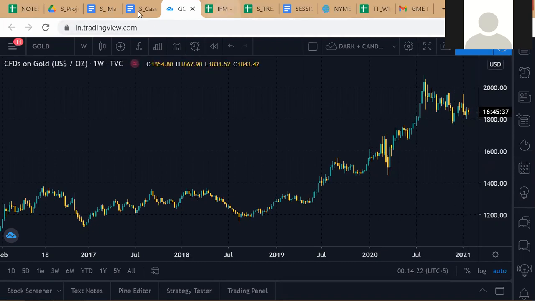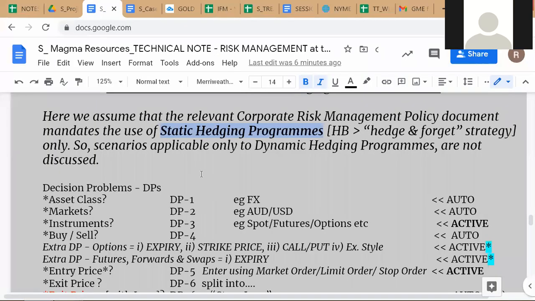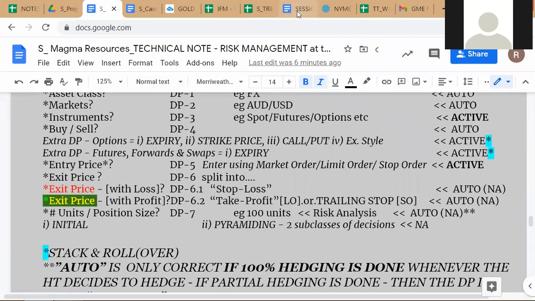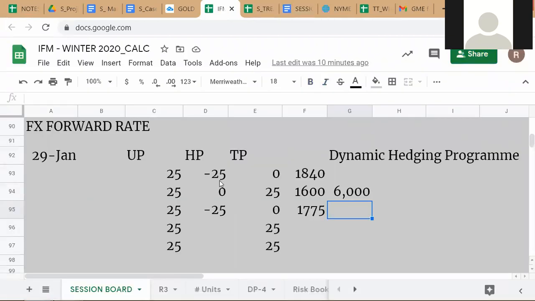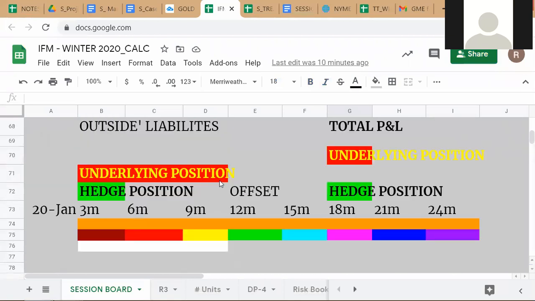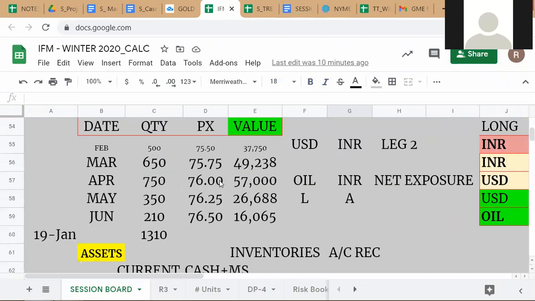All right. So what Siddharth is saying is, why not? Because we looked at India's positions and what did we see? Positions are in March, April, May, and June: 650, 750, 350, 210. Maximum position is 750.